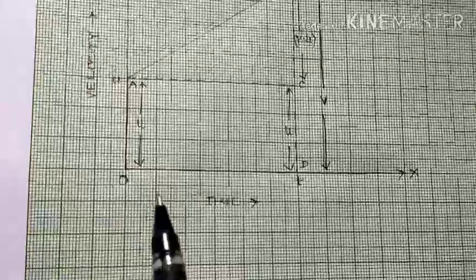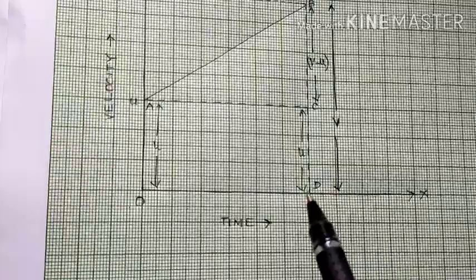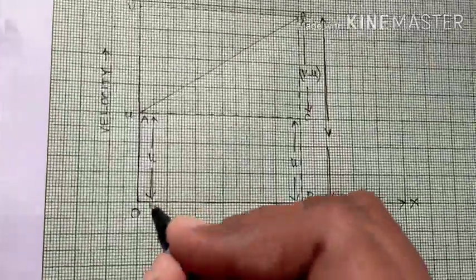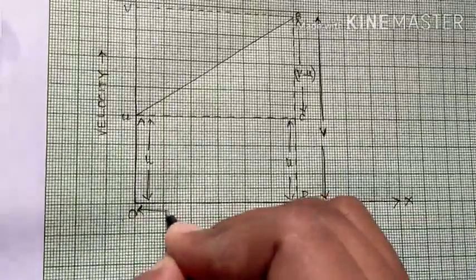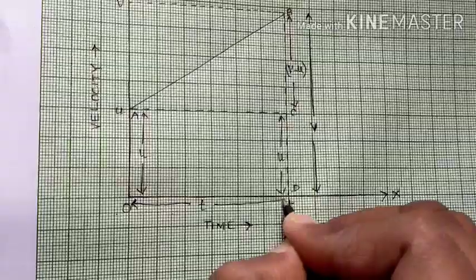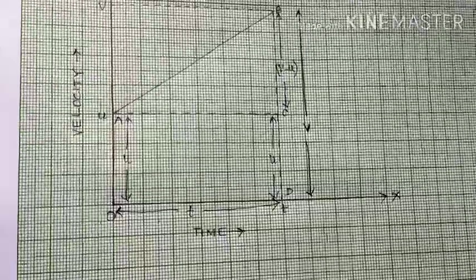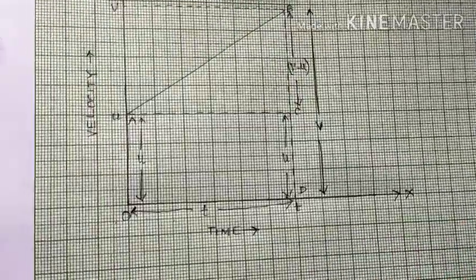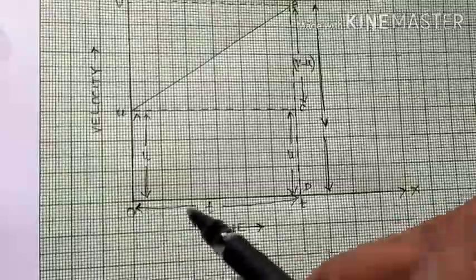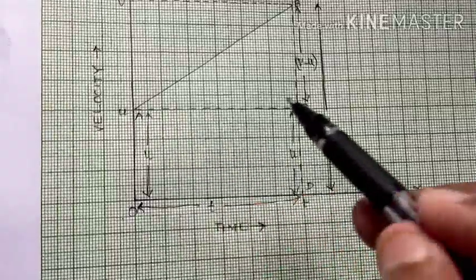Now again coming back to the x-axis part, OD corresponding to D, the value of time is t, so OD should be equal to t. Again, since OACD is a rectangle, OD should be equal to AC.